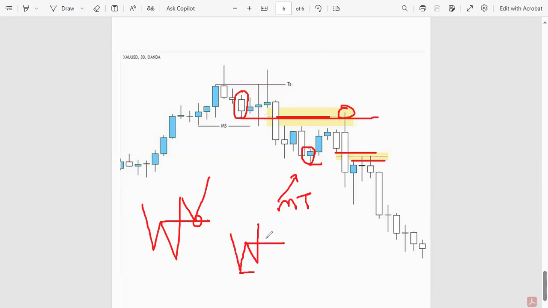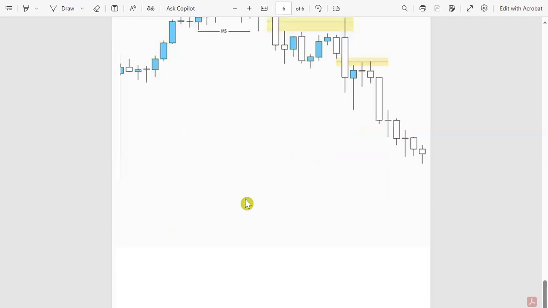Instead, we take an entry from this level. Okay, you see the difference. The difference is for a breaker to be formed, the price has to sweep this, has to sweep that. But for a mitigation block to be formed, the price has to fail to sweep the low. Okay, that's a simple explanation. Okay, so that was another example.